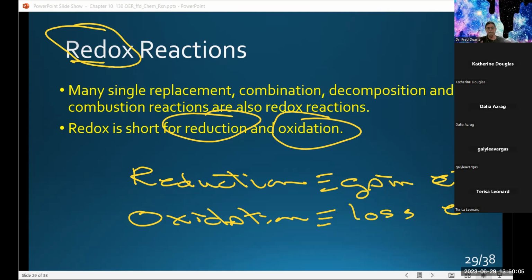Now, these reactions, the single replacement, combination, or so-called reduction reactions, the oxidation process and the reduction process occur simultaneously. It's not that one species loses electrons and nothing else happens to the other species. No, they occur together. When one undergoes reduction, something else is undergoing oxidation, okay?